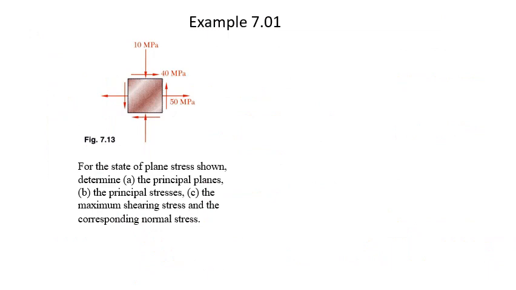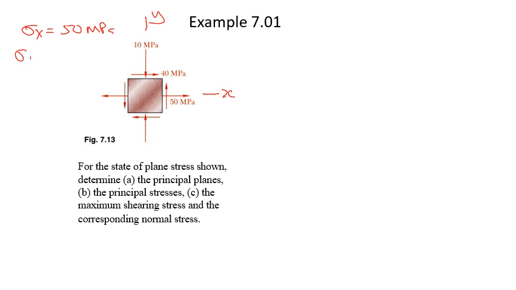Okay, we have this example here. In this example, we have a stress element again in the primary direction. This is x, this is y. Those are the primary directions. So we have sigma x, sigma y, tau xy. In this problem, sigma x is positive 50 megapascal.